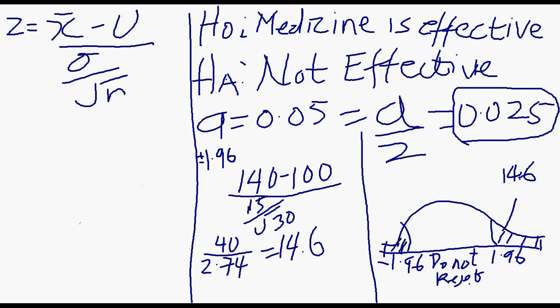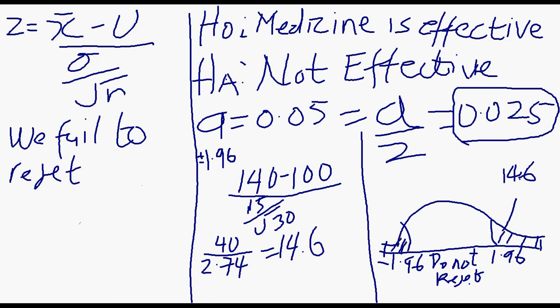Meaning that we can use our Z value to test for it, or we can use the critical value as well, because when you use the critical value, you get the same answer. If you use the p-value approach, you get the same answer.